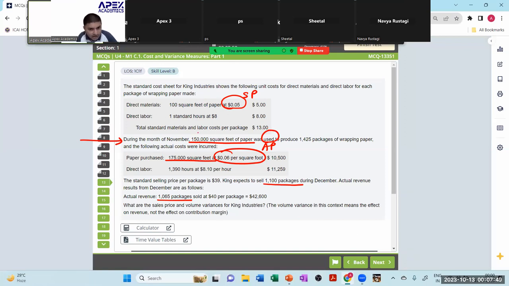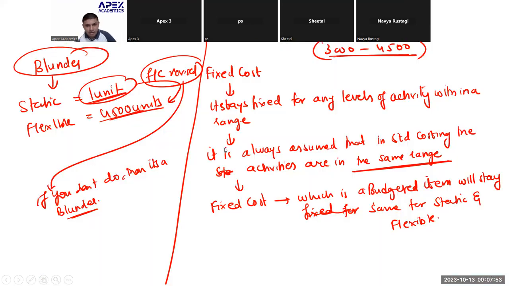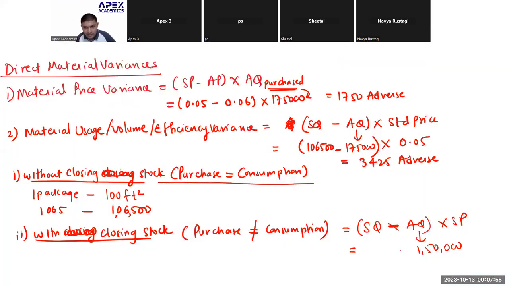So what is this? Actual quantity. And your budget will obviously stay the same. Correct? Yes. Minus, multiply by what is this? 175.